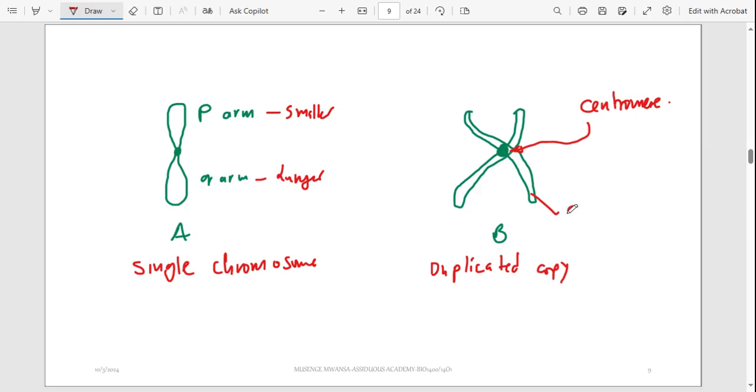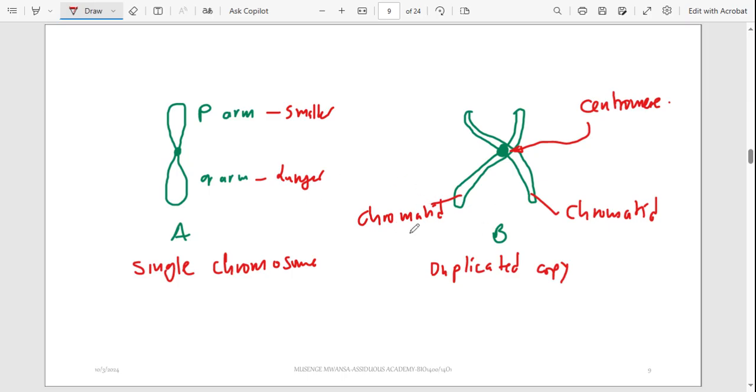So this one alone is a chromatid. This one also is a chromatid. Because they were formed by duplication, we call them sisters. So, sister chromatids. That is also important for us to understand there, right?